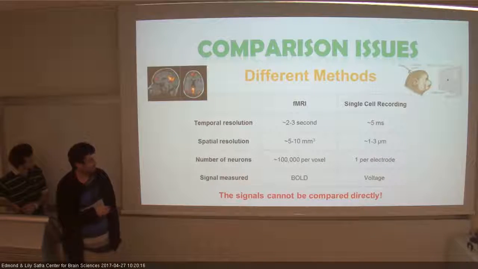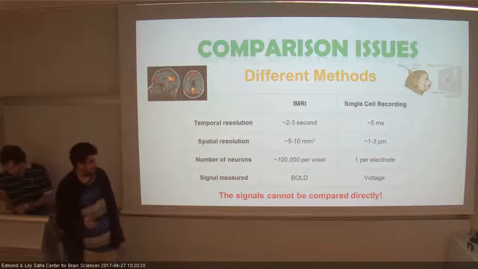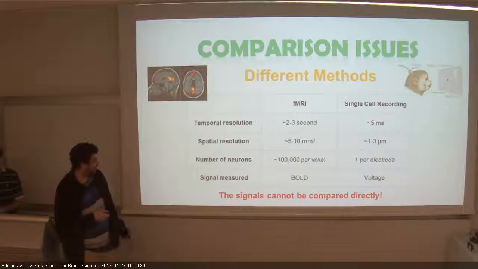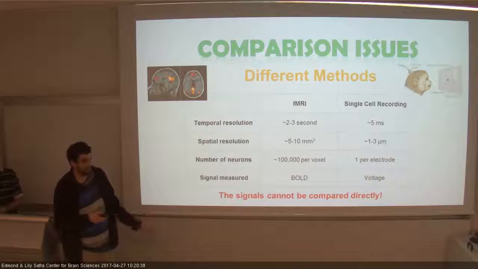And the spatial resolution is also very different. In single cell, you're in the order of micrometers, just recording the cell, while in fMRI, you're looking at voxels of about 5 to 10 cubic millimeters that contain over 100,000 neurons, and sometimes even millions of neurons each voxel, while the single cell is, of course, a single cell.